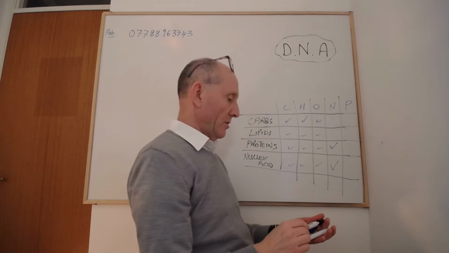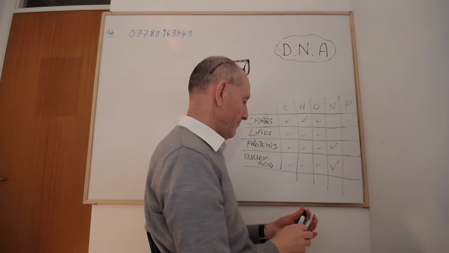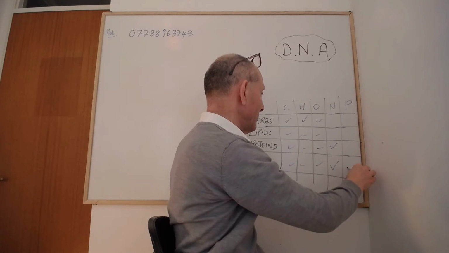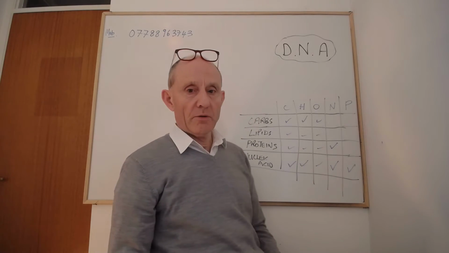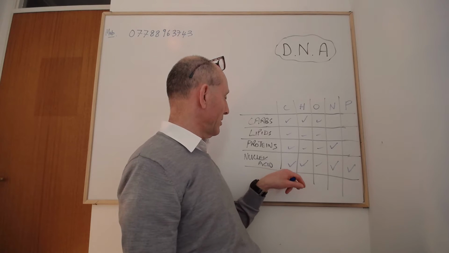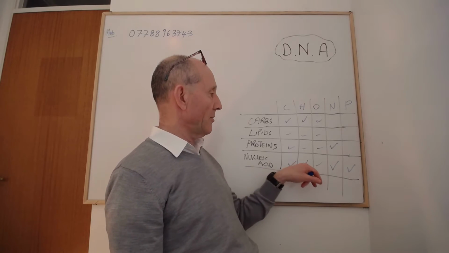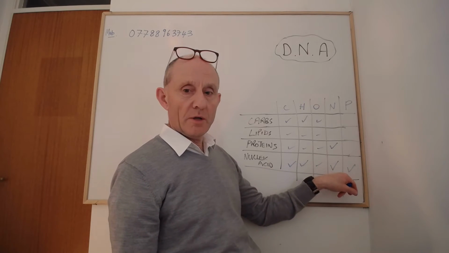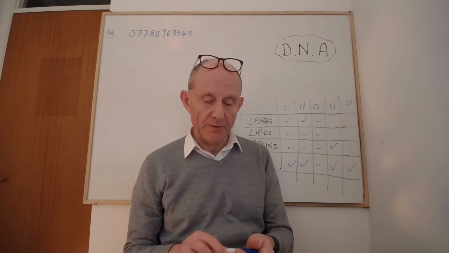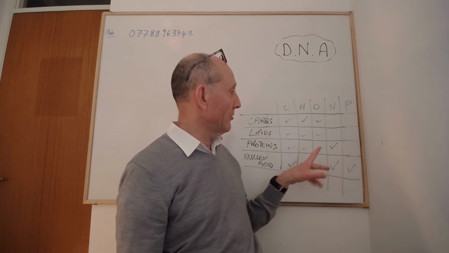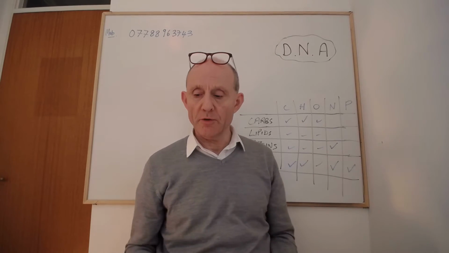And there's another element that's considered, that's phosphorus. And here we find that nucleic acids also contain phosphorus or phosphate. So nucleic acids, DNA, contain the elements carbon, hydrogen, oxygen, nitrogen, and phosphorus or phosphate. And that's a useful table to be able to reproduce.